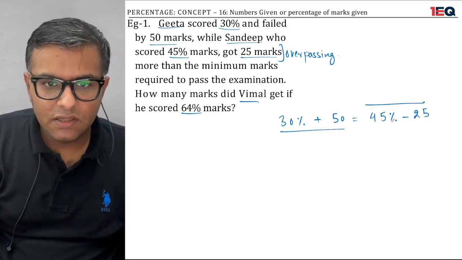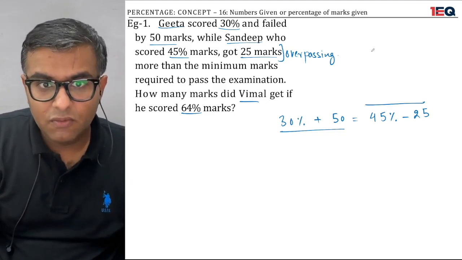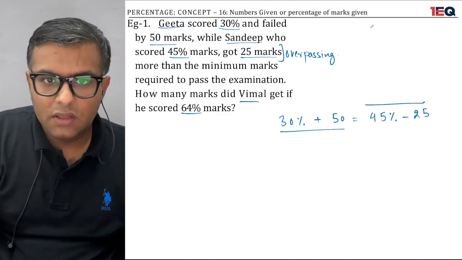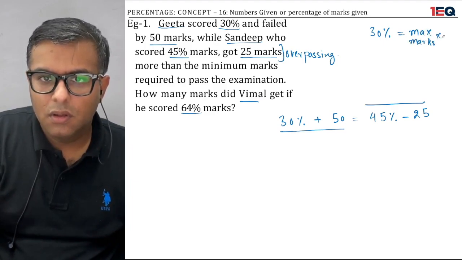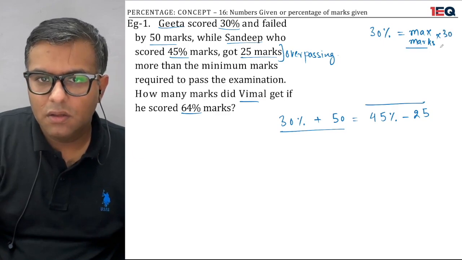Now you'll ask me what 30% is. 30% is equal to max marks multiplied by 30 upon 100.